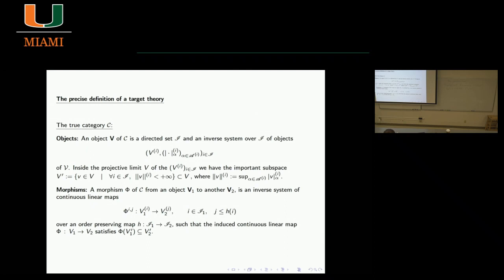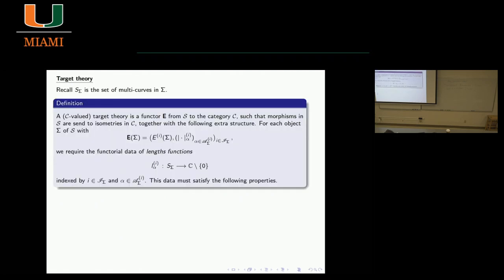Sorry, it gets a little technical, but I want to show you how these things really work with this analysis. Okay, so now, what is a target theory? Well, a target theory, so category C is the Hausdorff complete locally convex topological vector spaces. So it is a functor, sorry, that's totally wrong.